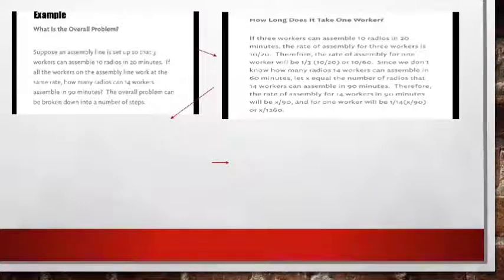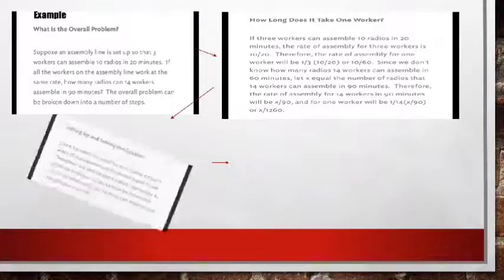Since we don't know how many radios 14 workers can assemble in 90 minutes, let x equal the number of radios that 14 workers can assemble in 90 minutes. Therefore, the rate of assembly for 14 workers in 90 minutes will be x over 90. And for one worker it will be 1 over 14 times x over 90, or x over 1260.